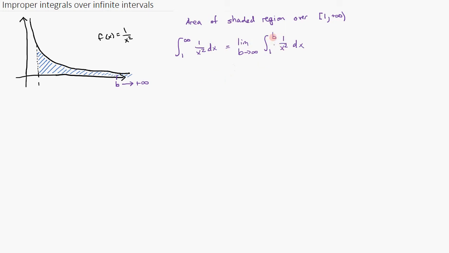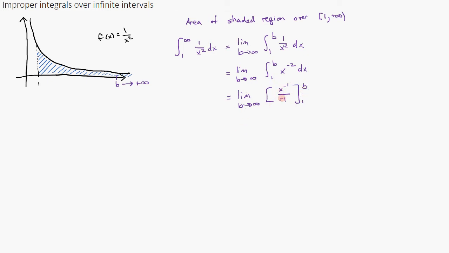This integral I just evaluate like normal. I evaluate the integral first, so I rewrite it: 1 over x squared is the same thing as x to the minus 2. Then I find the antiderivative. I use the power rule, so I increase the exponent by 1 and divide by the new exponent.